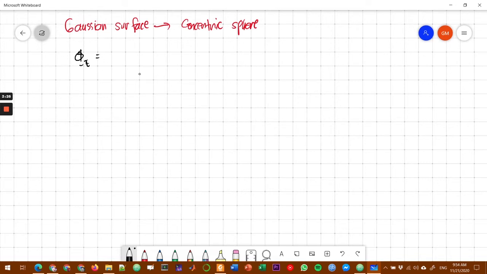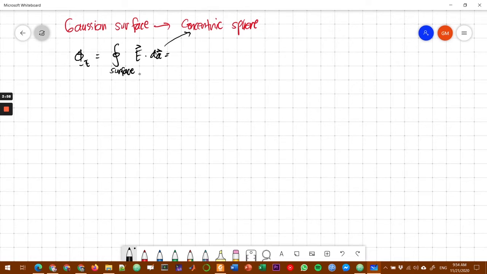The flux of the system is the number of electric field lines passing through a surface perpendicular to the direction of the electric field. So we have the closed integral over a surface of E dot dA. The surface here is just your concentric sphere.